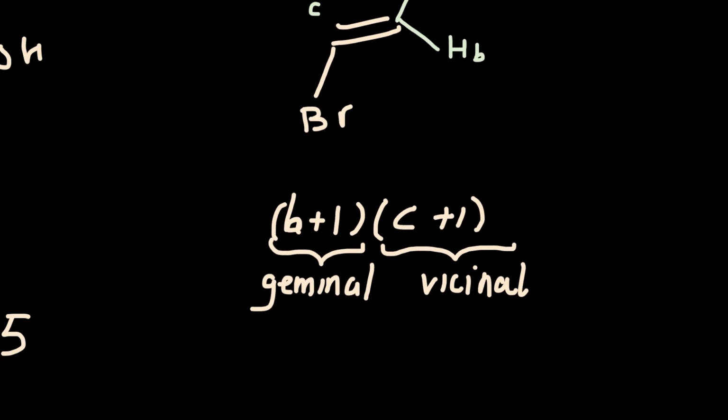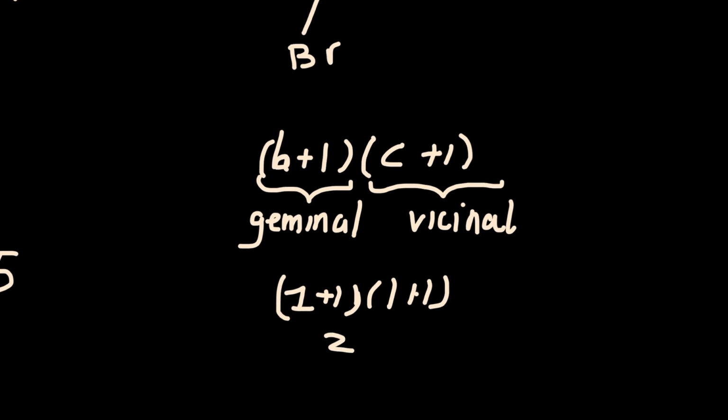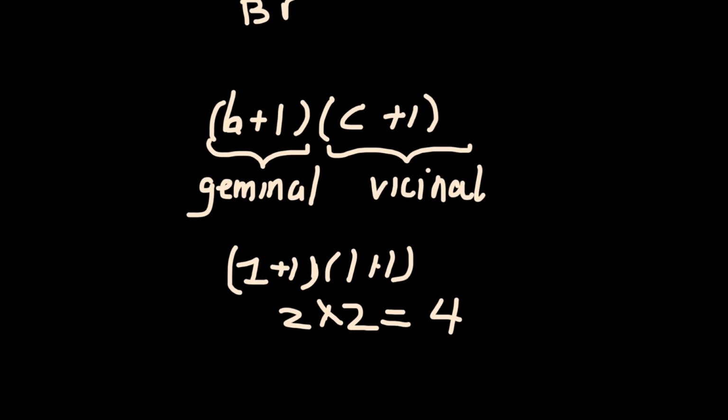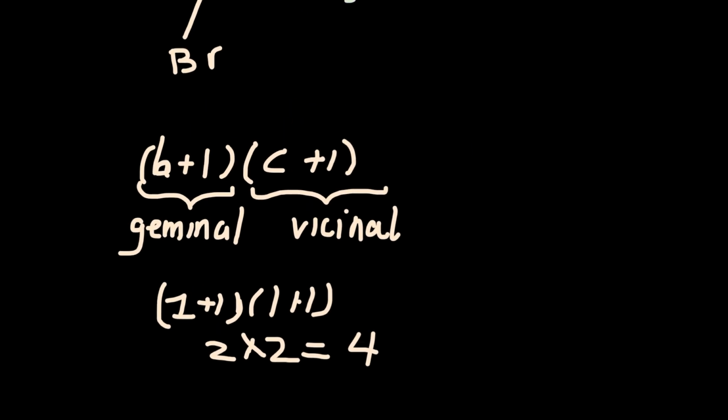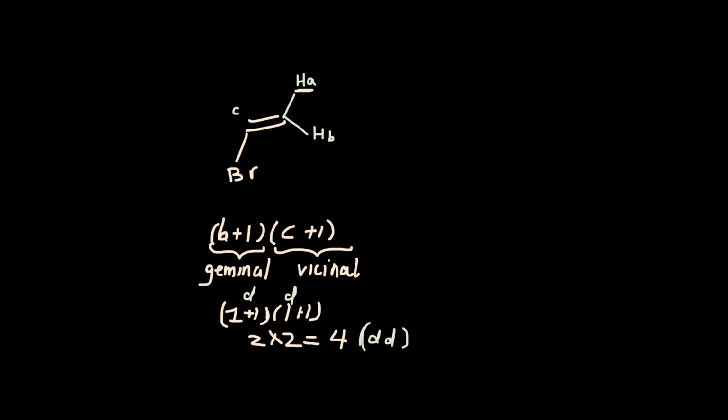So then we have 1 plus 1, also 1 plus 1. So this is going to give us 2 times 2. It will give us 4 peaks in total. Another way to say this is this will be a doublet of doublet.